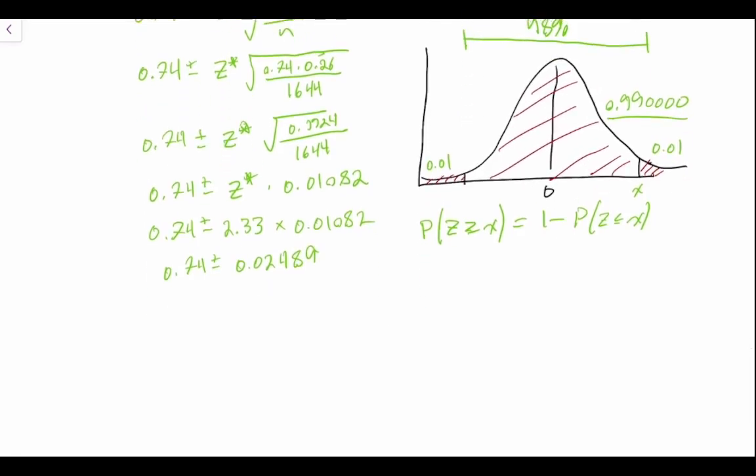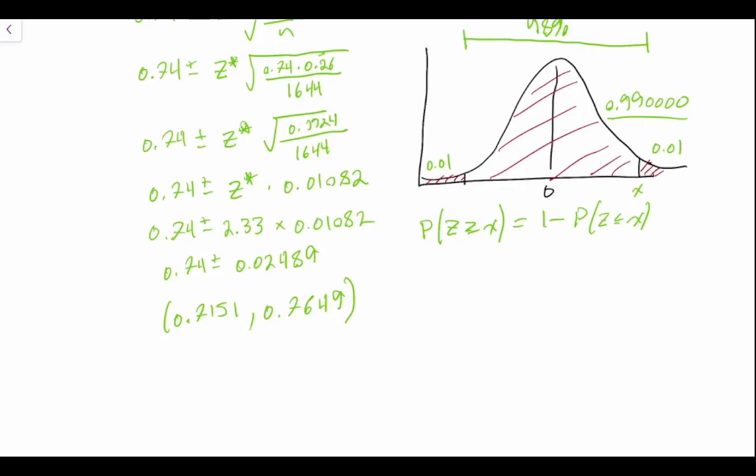So 0.74 minus 0.02489 gives us a value of 0.7151, and 0.74 plus 0.02489 gives us a value of 0.7649.